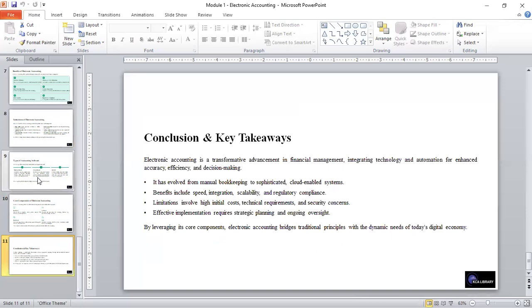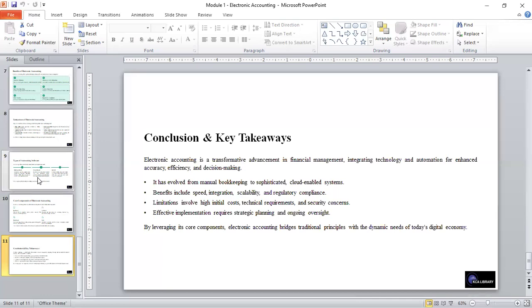In conclusion, electronic accounting is a transformative advancement in financial management, and it integrates technology and automation for enhanced accuracy, efficiency, and decision making. We've been able to see that it has evolved from manual bookkeeping to sophisticated cloud-enabled systems. We've also seen the benefits in terms of speed, integration, scalability, and regulatory compliance.